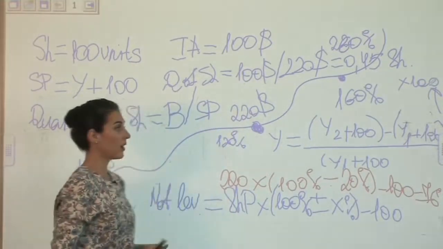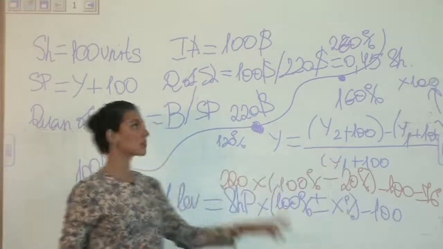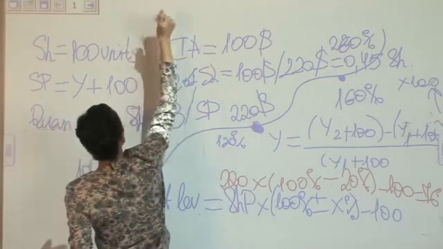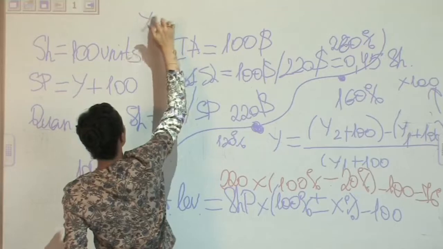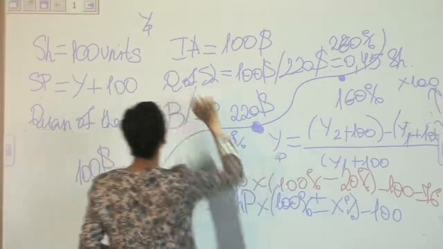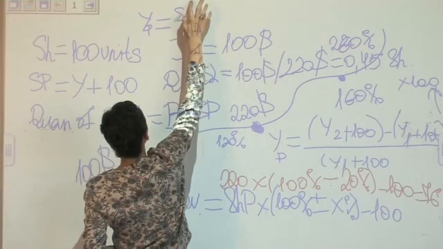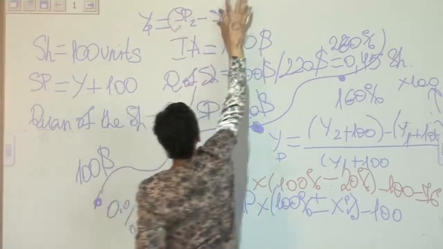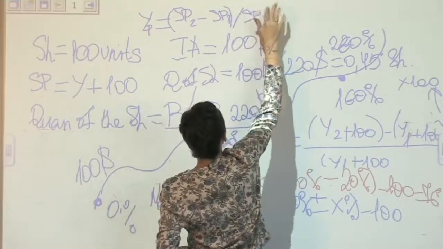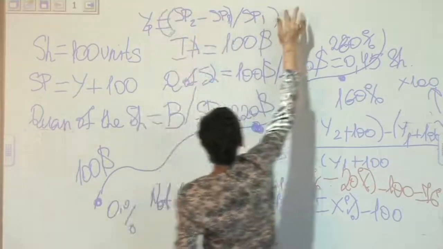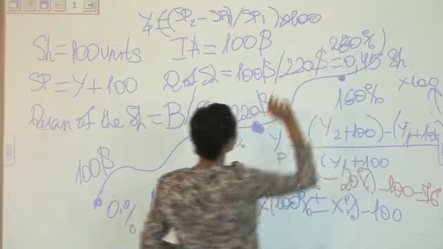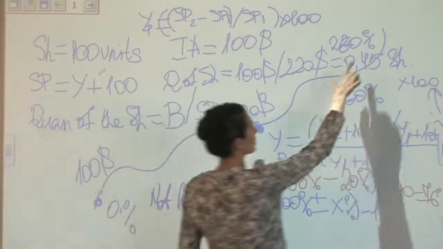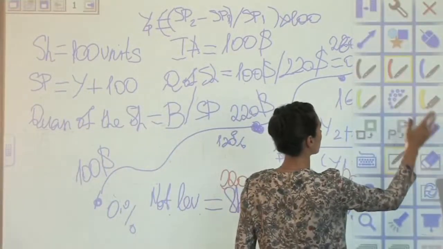Or as we know, the yield plus 100 is the share price, so we can use the second type of this formula, the yield for the period P: the share price at the end of the period minus the share price at the beginning, divided by the share price at the beginning and multiplied by 100.